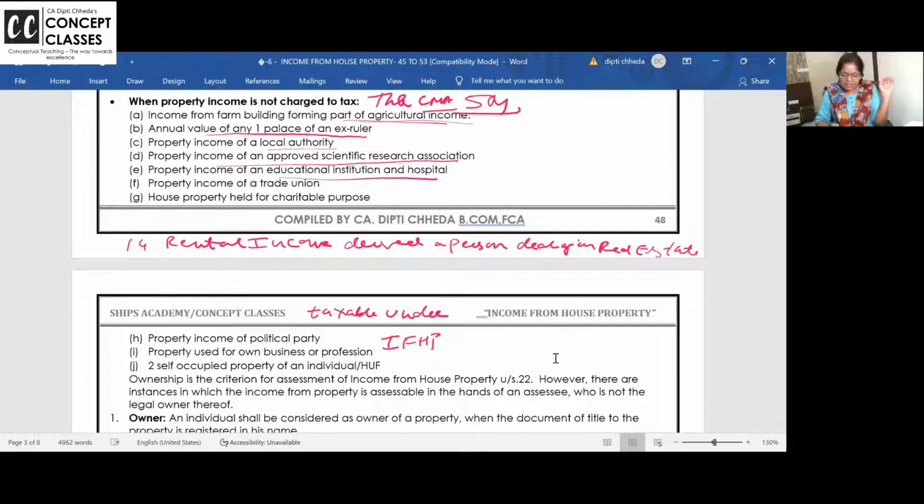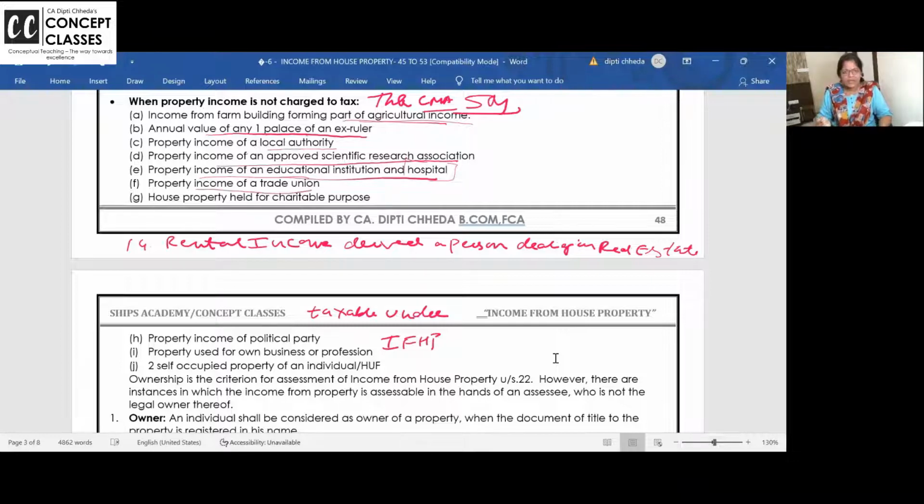Yes. This income is exempt because hospitals, educational institutions and all, they don't work with a motive of profit. So property income of educational institutes and hospitals is exempt. But private hospitals have different rules.